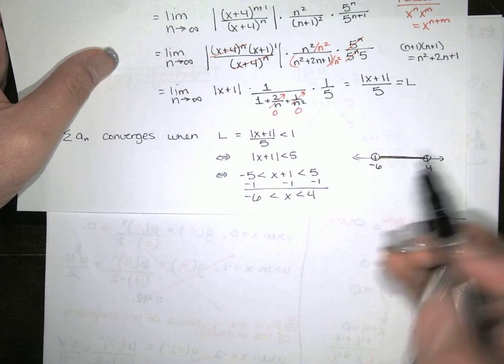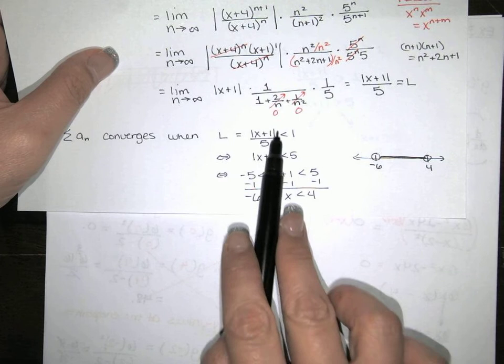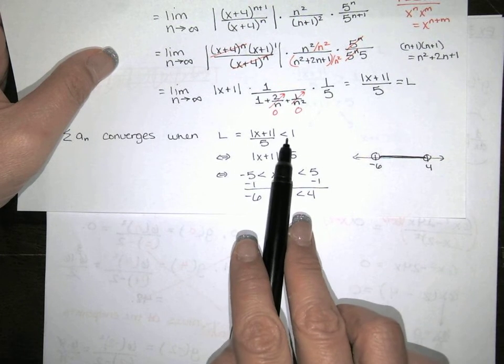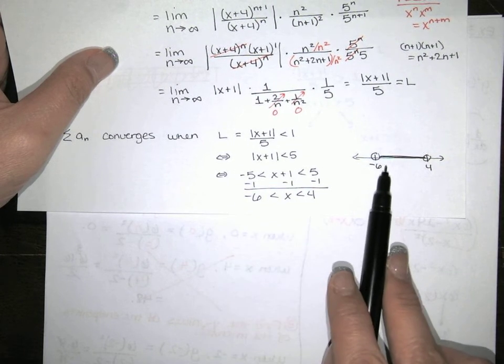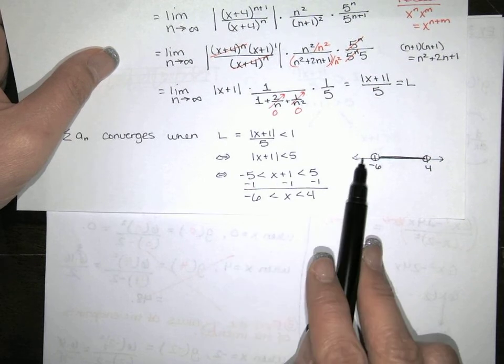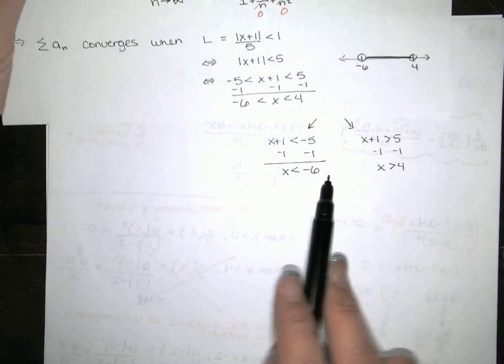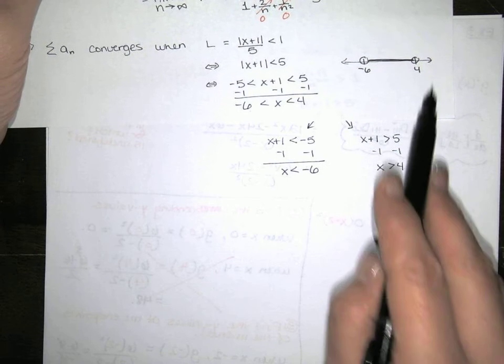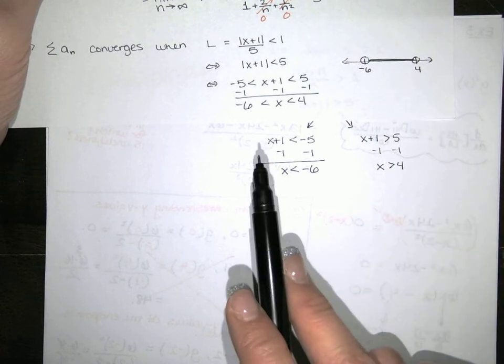Okay, with me? Well, if this is less than 1 when x is between -6 and 4, this expression will be greater than 1 when x is less than -6, which is what I just got, and when x is greater than 4.